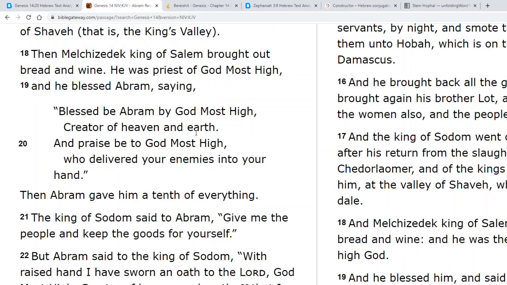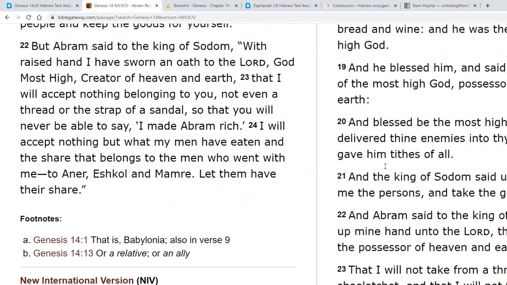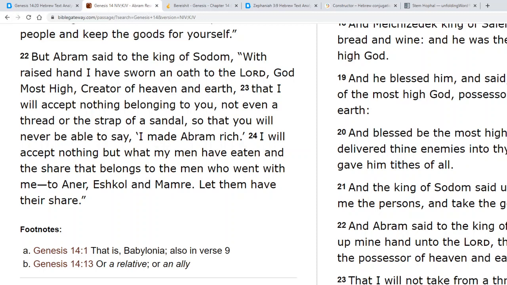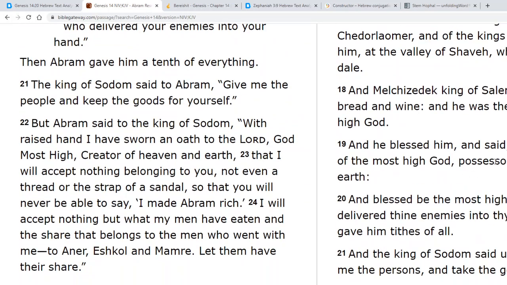Let's see. King James, verse 20: "And blessed be the Most High God, which hath delivered thine enemies into thy hand. And he gave him tithes of all." Yeah, it's not clear who that "he" is. Well, I guess so. He stopped speaking.